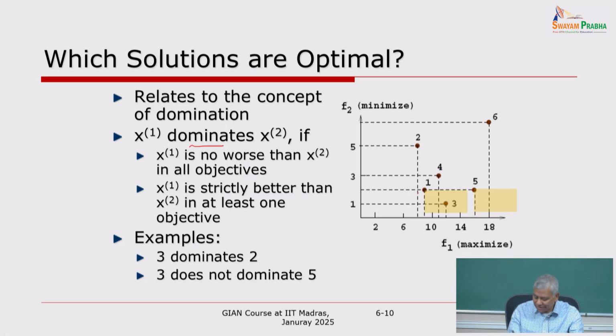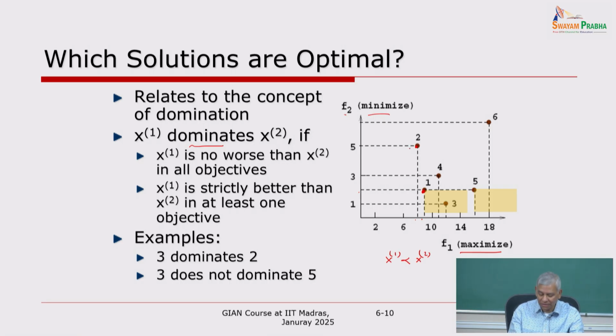Take for example solution 1 and solution 2, and let's say I'm maximizing f1 and minimizing f2. Is x1 better than x2? 1 has a better function value in f1 because I'm trying to maximize. 1 also has a better value than 2 in f2 because I'm minimizing f2.